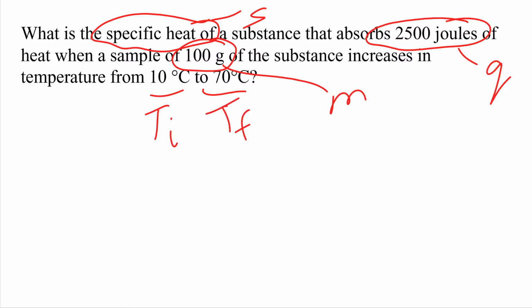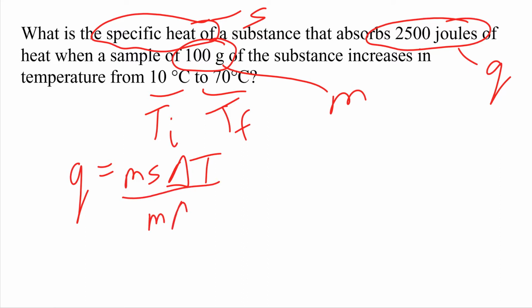Now, there's two ways that I think of solving this problem. You can either plug all the numbers in and then do the math, or you can solve for the variable that you want, which is what I'm going to do here. You divide both sides by m delta T, and you notice that the m cancels and the delta T cancels.